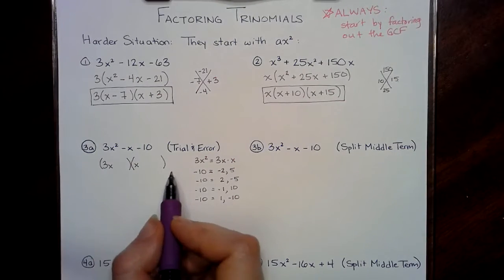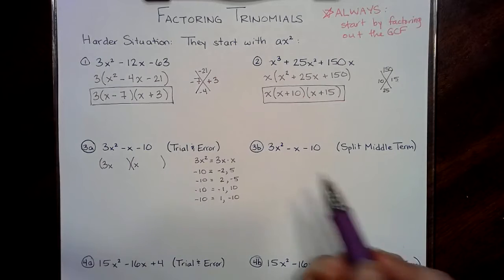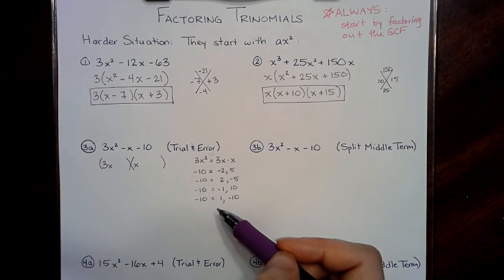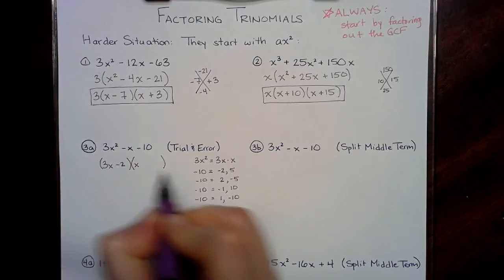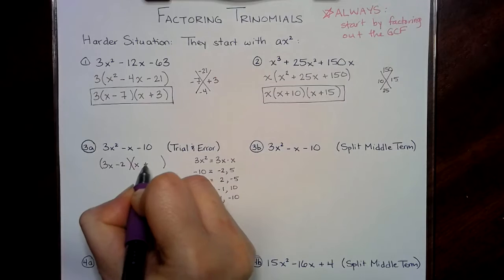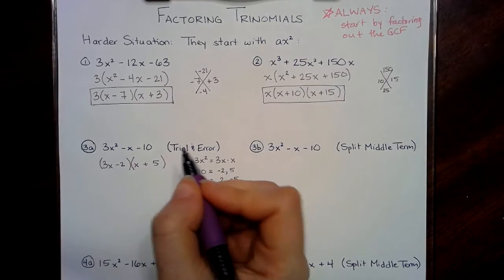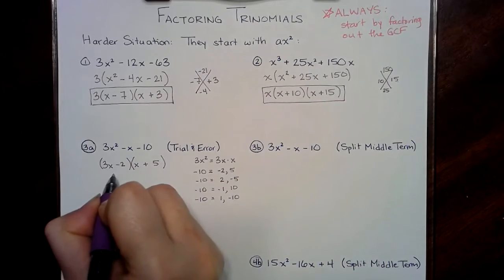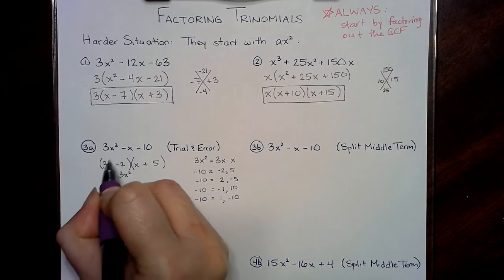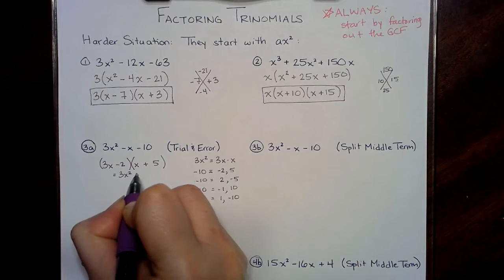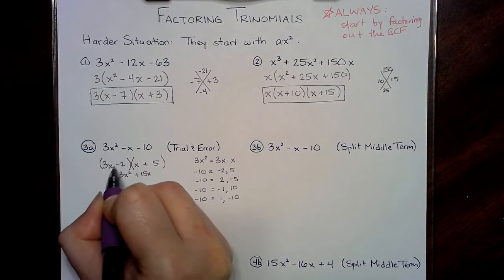So let me see, with trial and error, which of these solutions might possibly work. So I'm just going to go down my list. What if I had 3x minus 2 and x plus 5? So in this case, when I multiply it out, 3x times x gets me 3x squared. 3x times 5 gets me 15x.